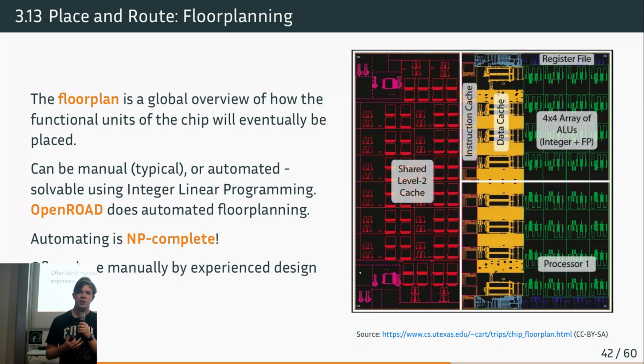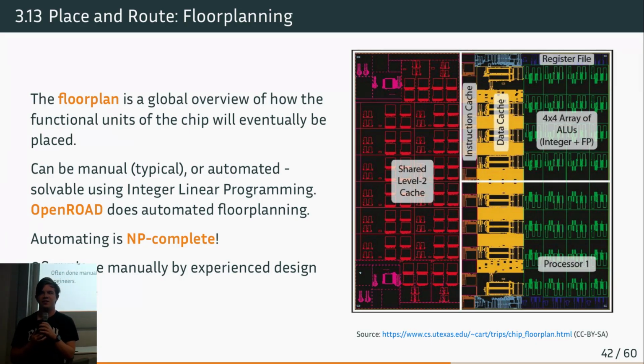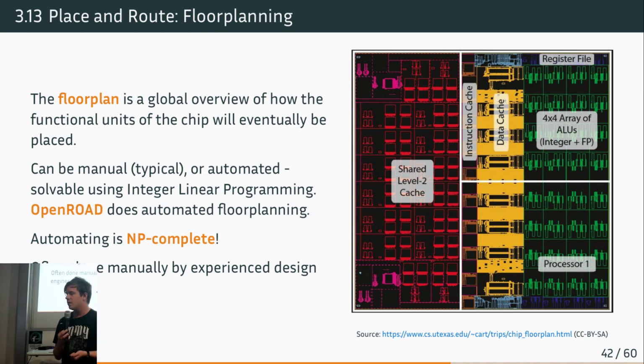But it is worth noting that automation is NP-complete. Just in case people don't know what that means, it means that it has an exponential time complexity, so it's very complicated to solve. Hence, this is why floor planning is often done manually by experienced design engineers. There's a lot of heuristics and design wisdom in this stage.